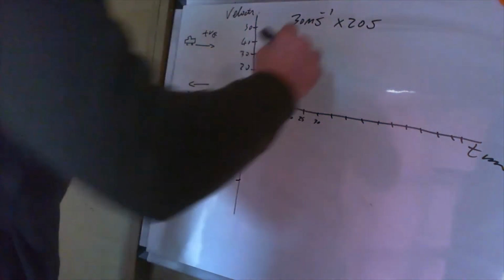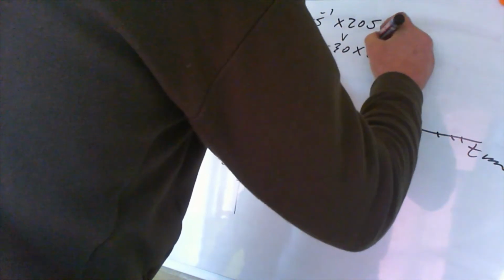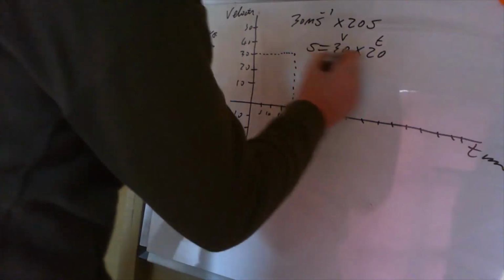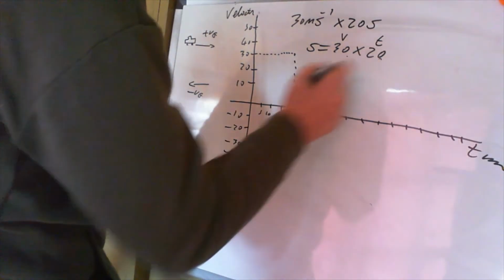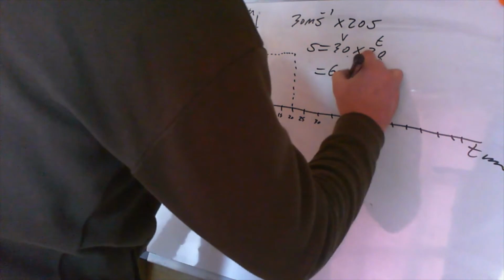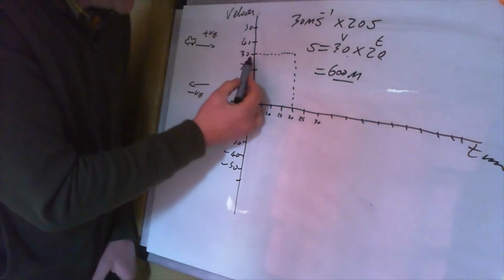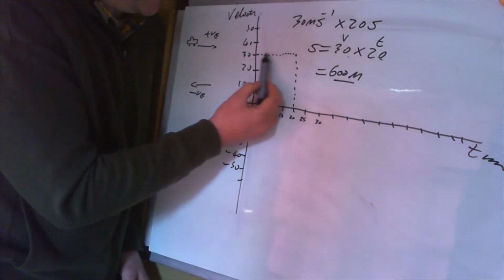So the distance you've travelled is going to be 30 meters per second times 20 seconds. That's your velocity, and that's the time. So 30 times 20 is 600 meters. Right? So you're going at 30 meters per second for 20 seconds.